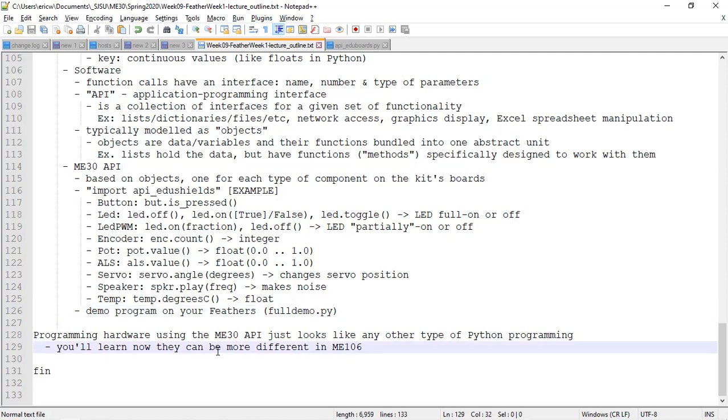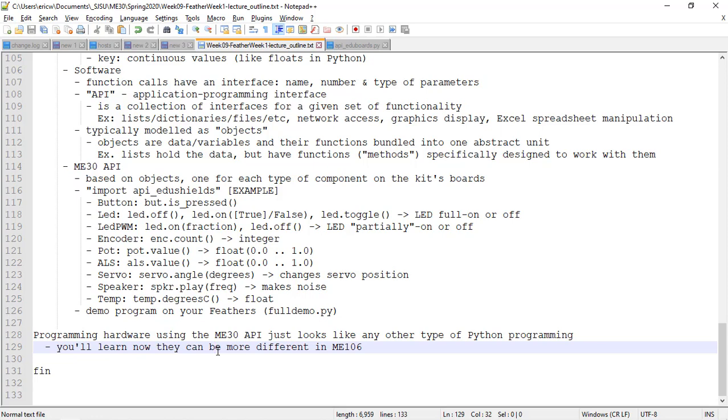So in summary, the programming hardware uses the ME30 API just like you do any other type of programming to manipulate something that doesn't have a physical presence. A file kind of doesn't have a physical presence. It's modeled as a file object that you can do read and write and open and close and stuff on.